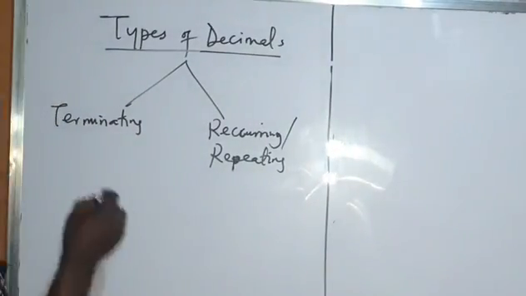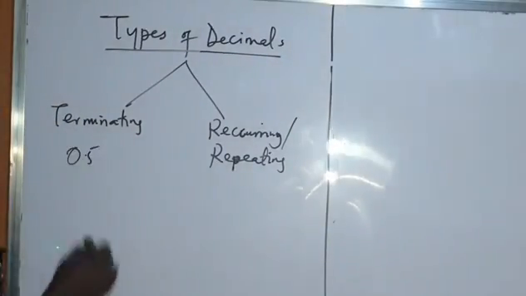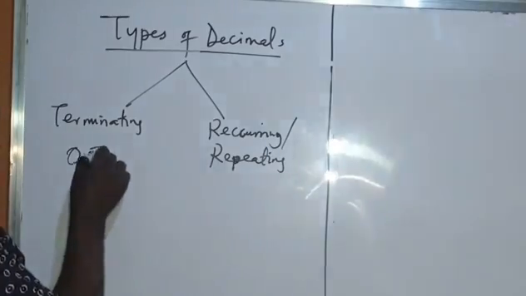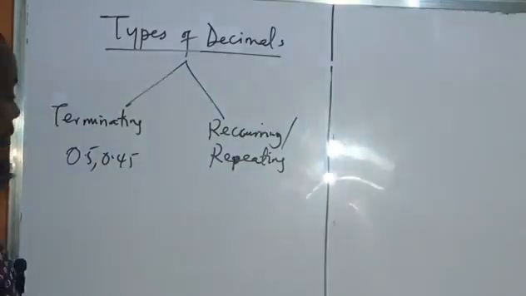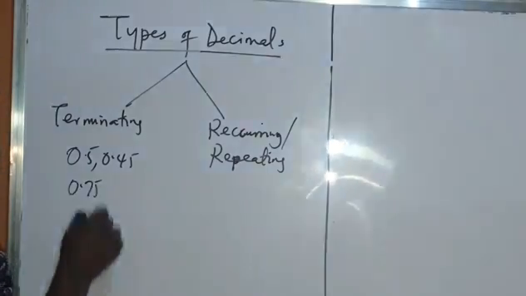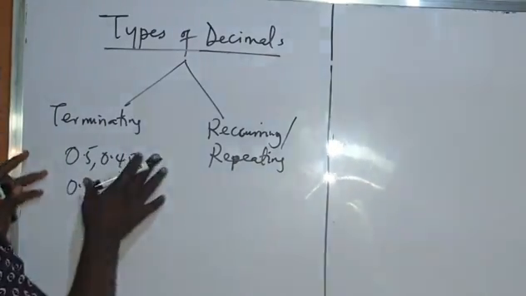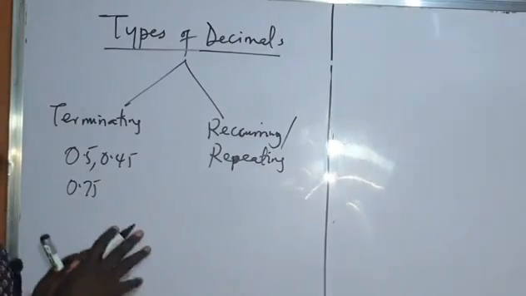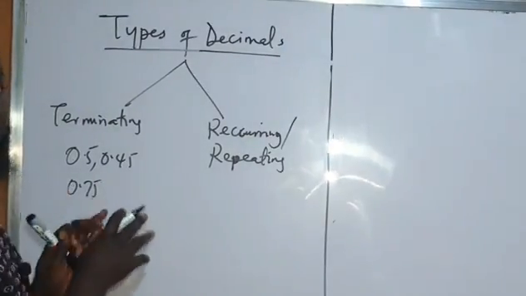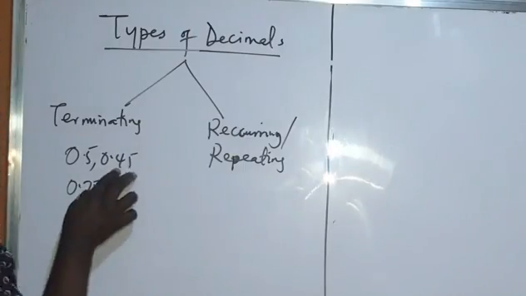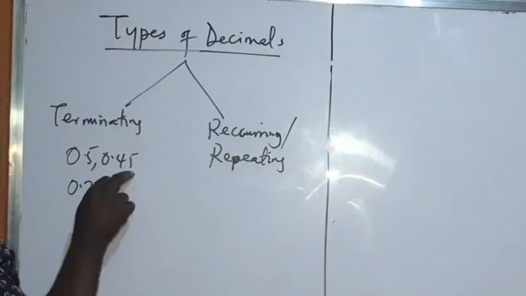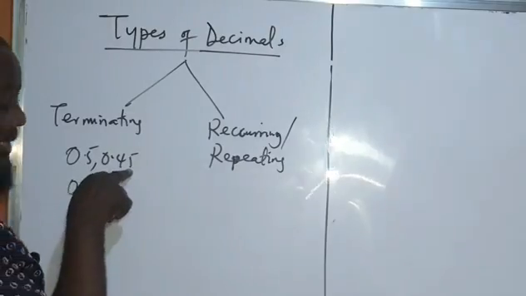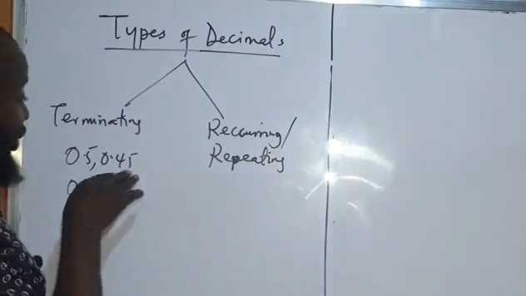Let's say for instance 0.5 is an example, 0.45 is another example, 0.75 is an example. So all these examples are terminating decimals. The decimal has an end, and the last digit is known.